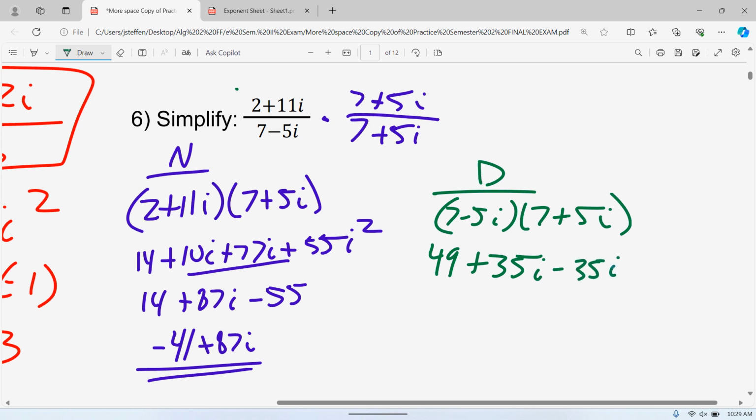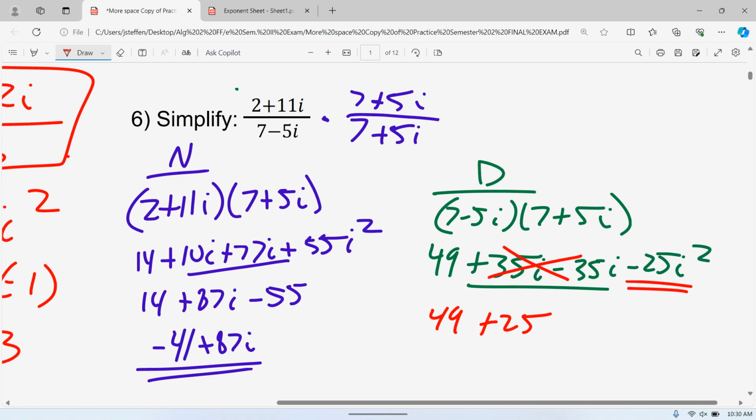Negative 5i times positive 5i is negative 25i squared. So I have positive 35i here and negative 35i, so those are going to cancel each other out. That's great. Then the negative 25i squared is now positive 25 because, again, i squared is negative 1. 49 plus 25 is 74. So the answer is negative 41 plus 87i over 74.